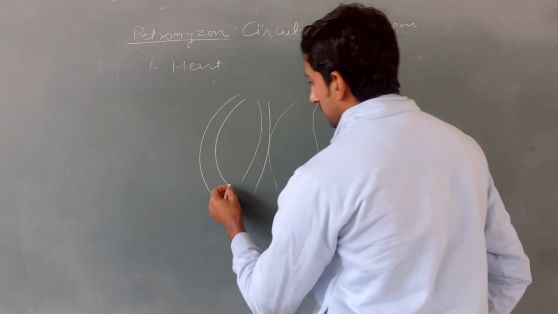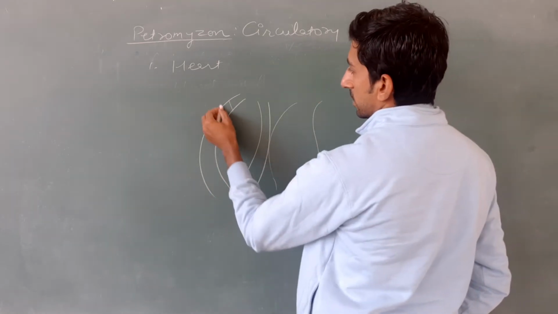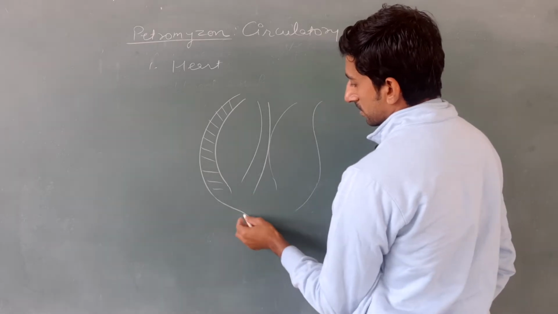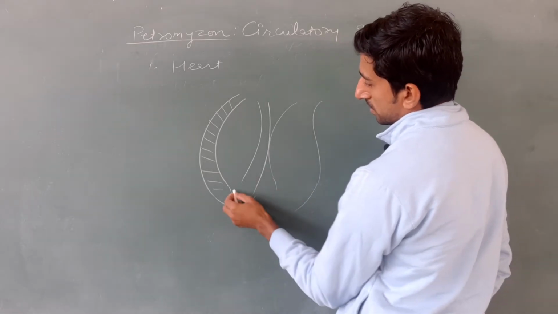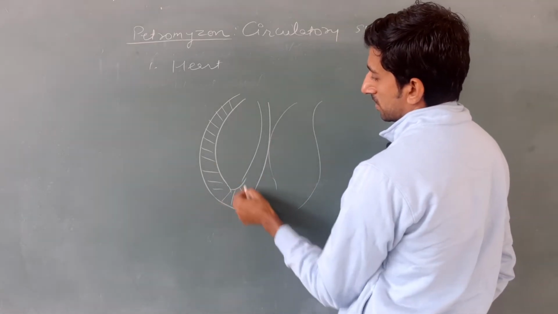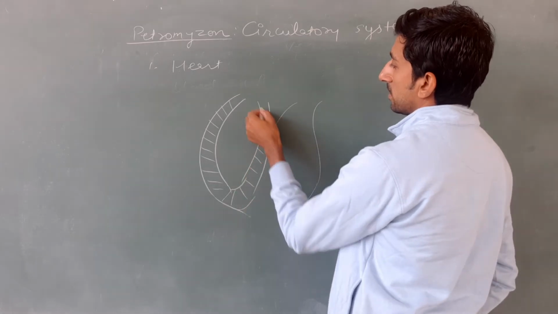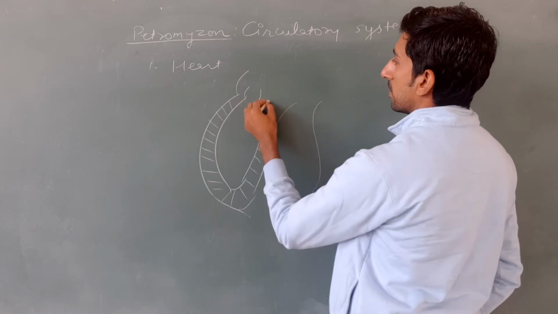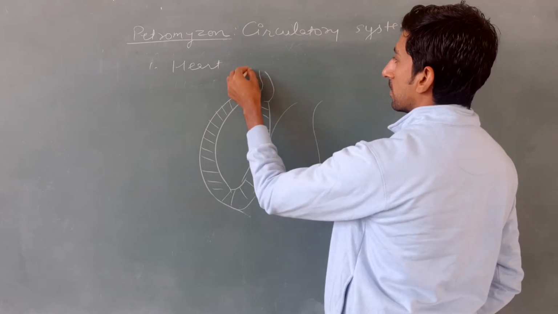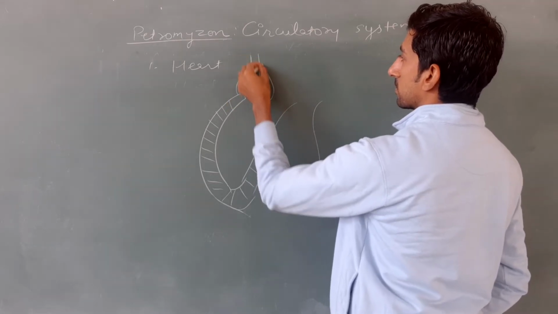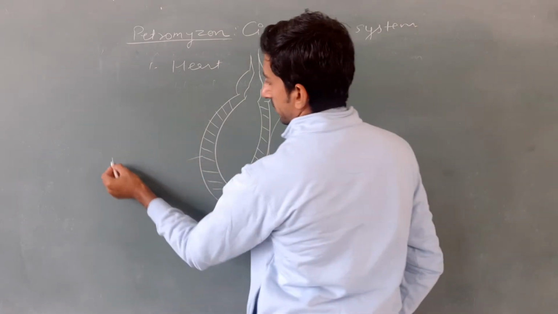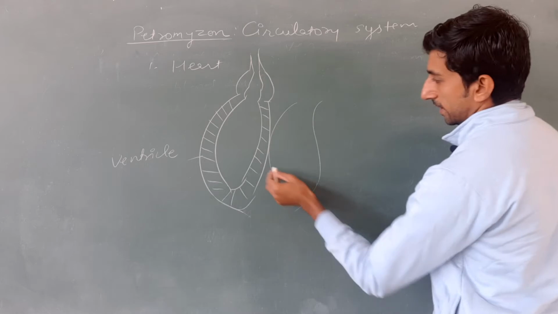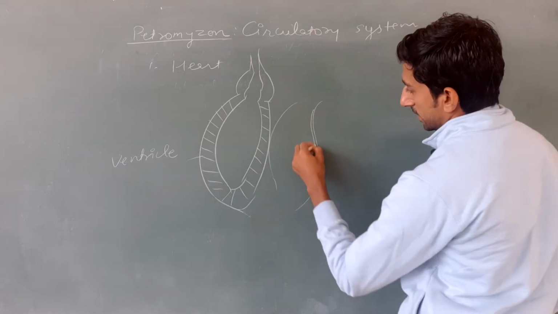One is highly muscular, the ventricle, which is single. This is the ventricle. And one is the atrium, which is thin walled.